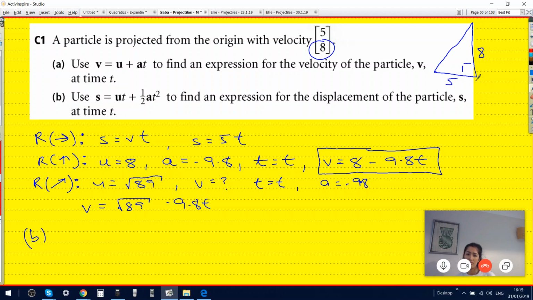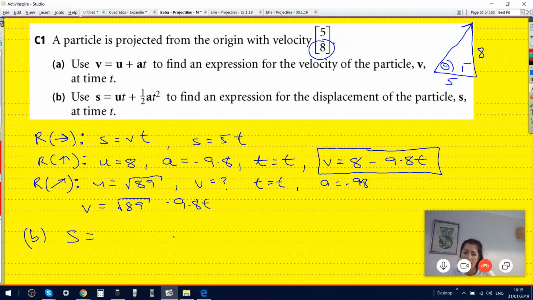Pretty terrible triangle. So resolving that way, how do you do this one? A is minus 9.8, so that part's minus 4.9t squared.